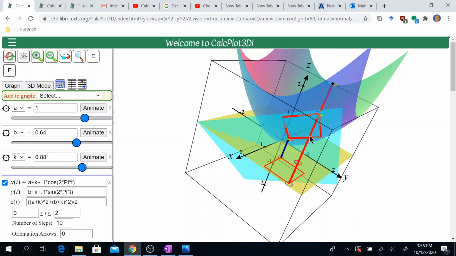From this location to the intersection with the tangent plane is going to be our dz, or the differential of z.